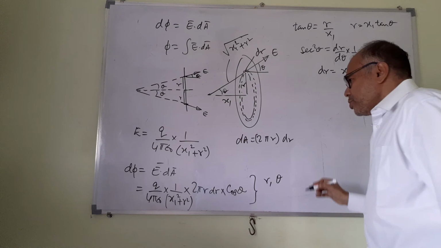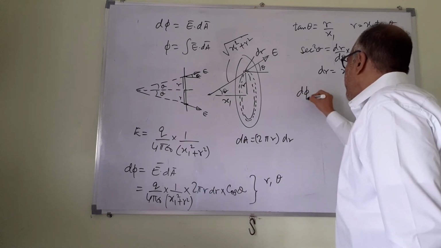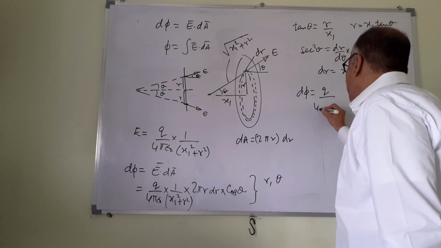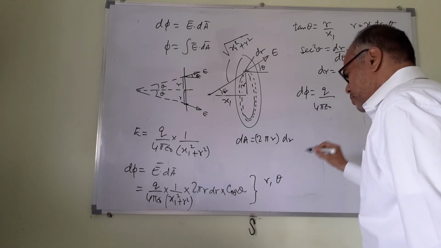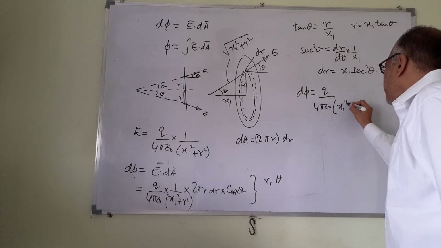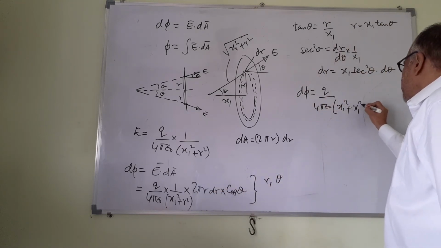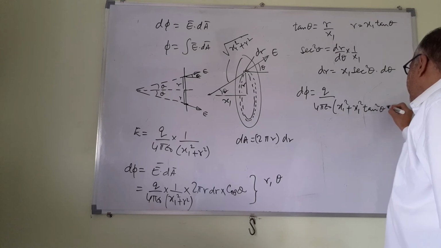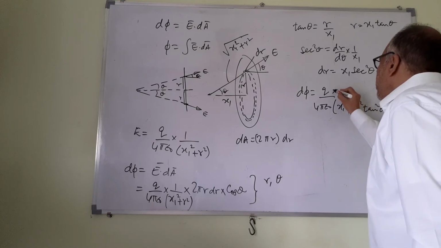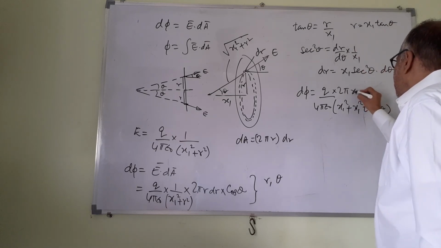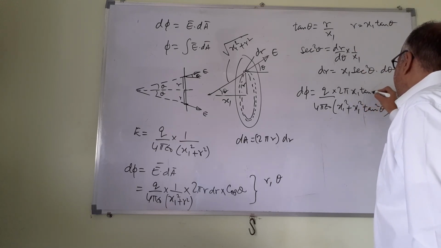So let's make those substitutions here. d phi would be q by 4 pi epsilon naught, x1 squared. Instead of r squared, I am going to put x1 squared tan squared theta, into 2 pi r. Instead of r, I am going to put x1 tan theta.